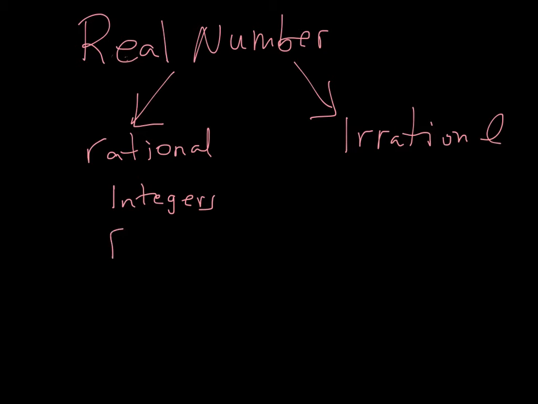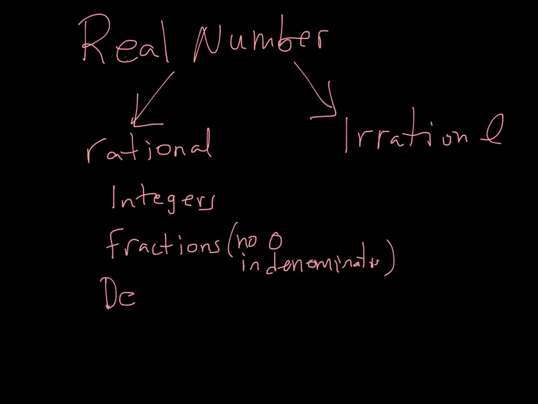So fractions, as long as there's no 0 in the denominator, because that would be undefined. And decimals that either terminate or repeat. So all decimals that terminate or repeat.